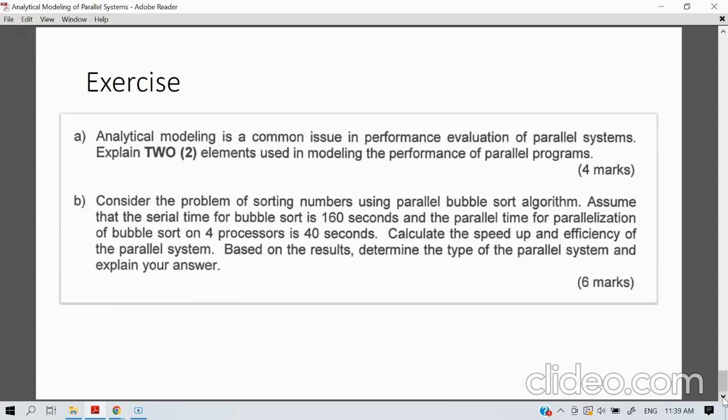Efficiency is speed up over P. P equals the number of processes.